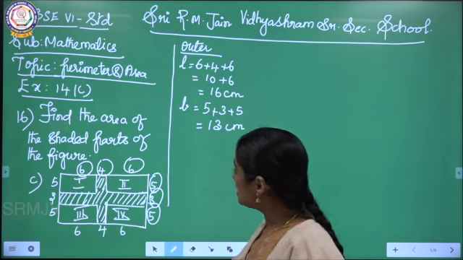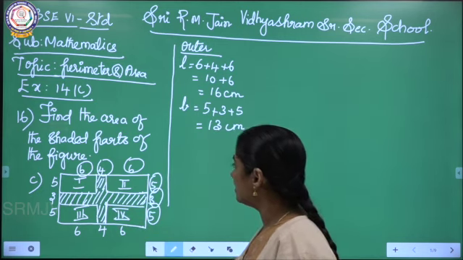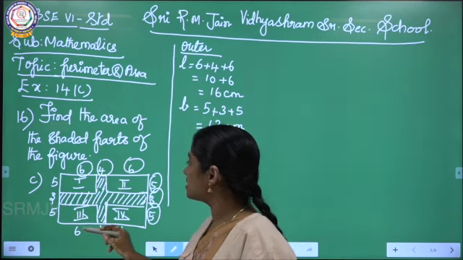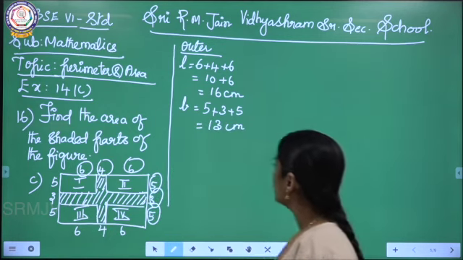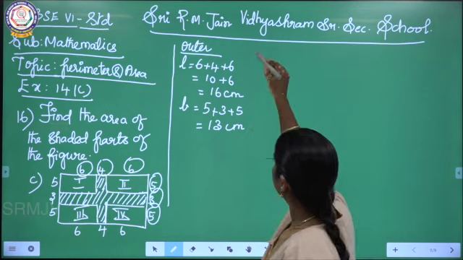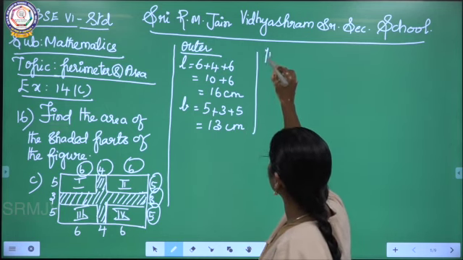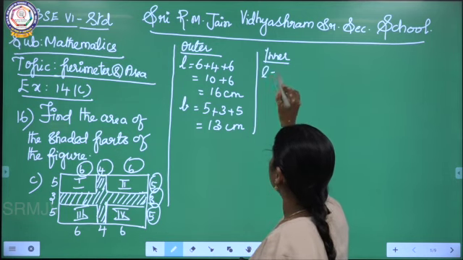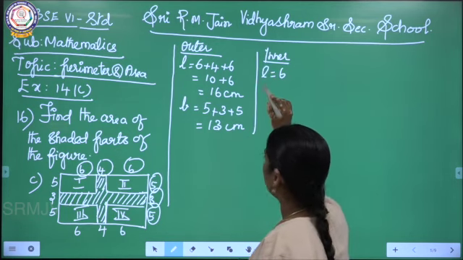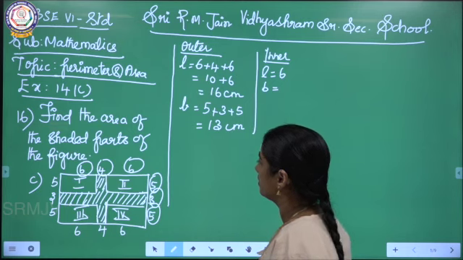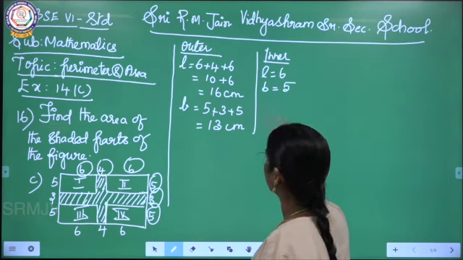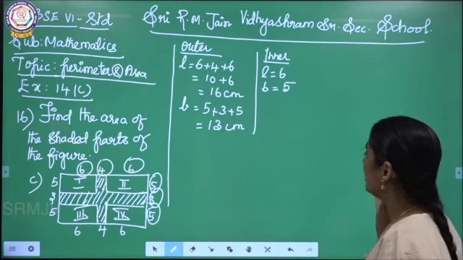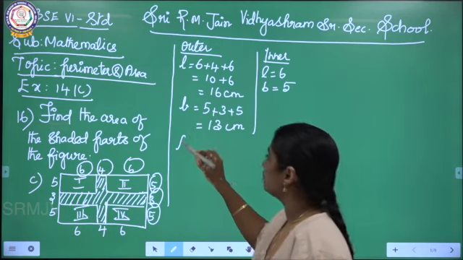Now, see this, the inner rectangle. 5, 6, 5, 6, 5, 6, 5, 6. So, what is the inner rectangle length? Inner, the length is 6 and the breadth is 5. Now, I am going to find out the area of the shaded portion.